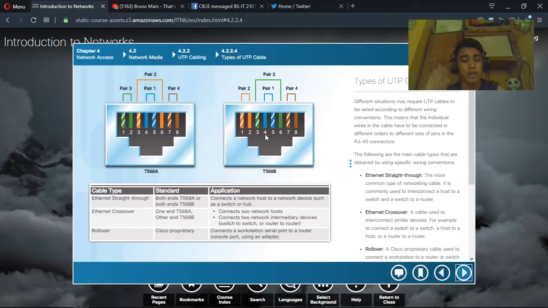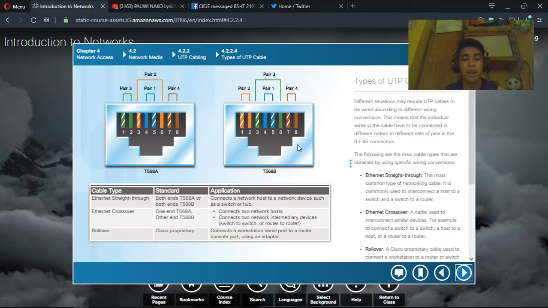To let you know that it is T568A, the first color on the RJ45 must be pair 3, which is green, and the separated wire is orange, and the middle wires are blue, and the last is brown.